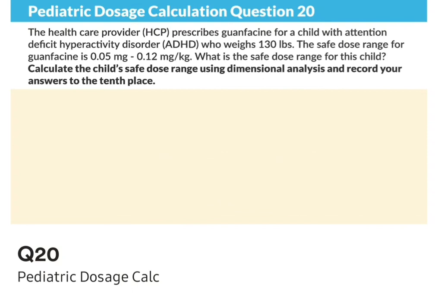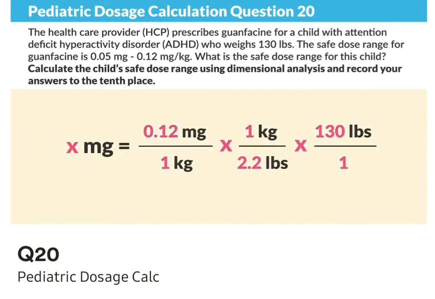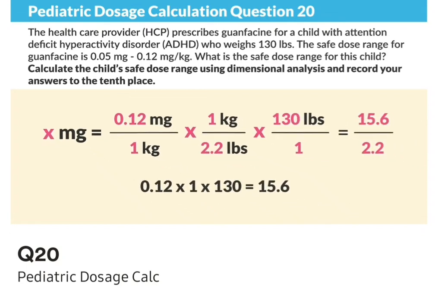Okay, now how about the maximum safe dose? So we're doing the same thing, we're just changing one number. So as you can see, we're just changing that max dose range to 0.12 milligrams over that same 1 kilogram. And everything else is the same. So now we multiply across on top and do the same thing on the bottom here.